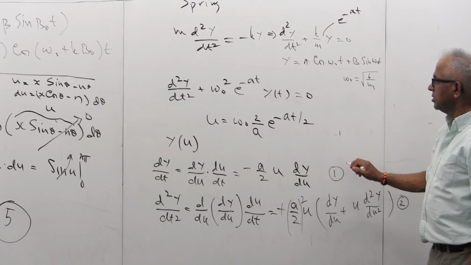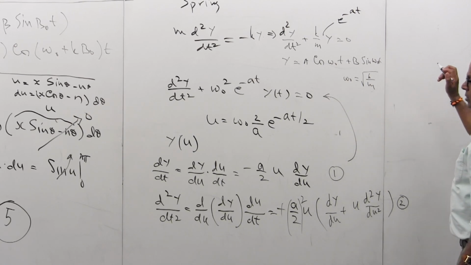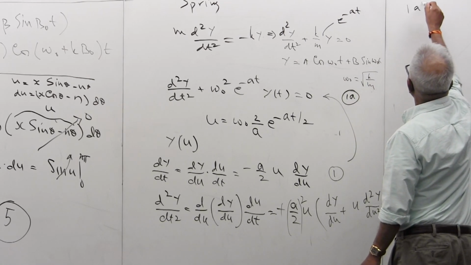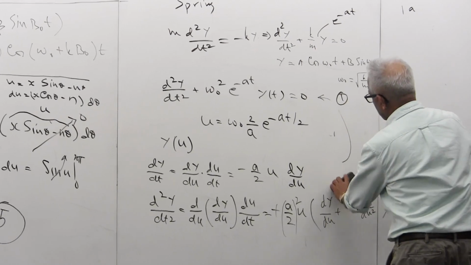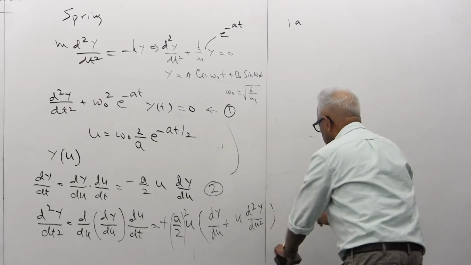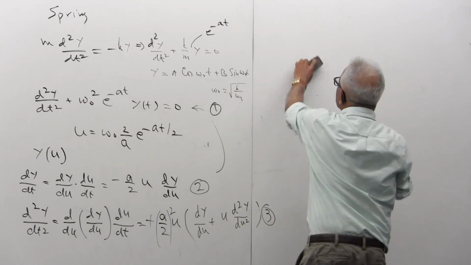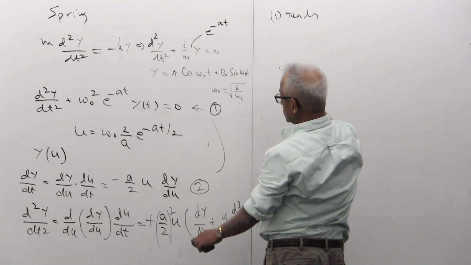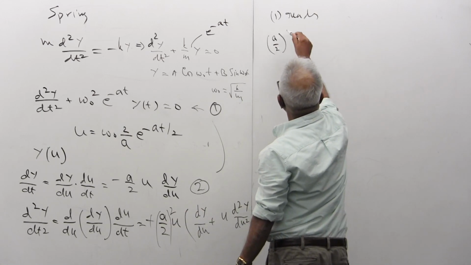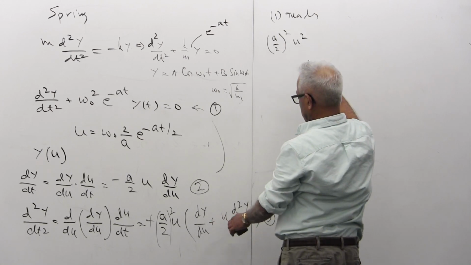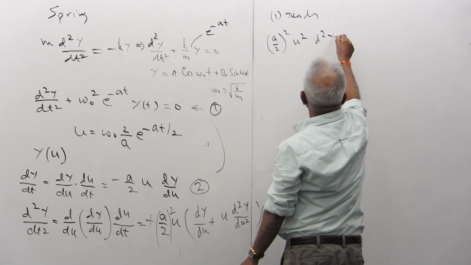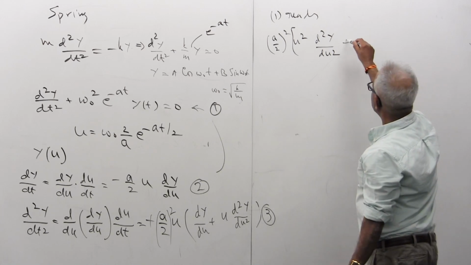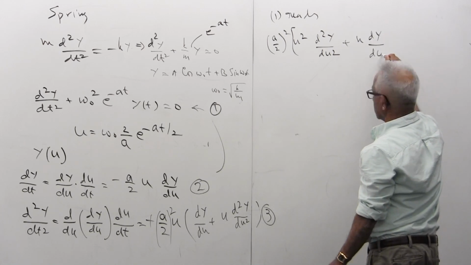So if I substitute all this into this equation, say this is 1, this is 2 and 3. Then 1 reads: d squared y by dt squared is a by 2 the whole squared, u squared d squared y by du squared, then you have u dy by du from here.